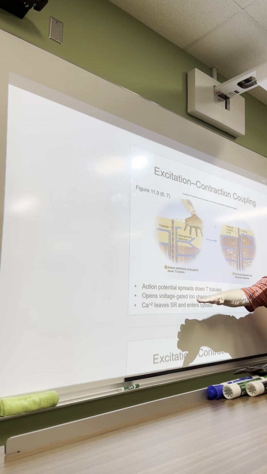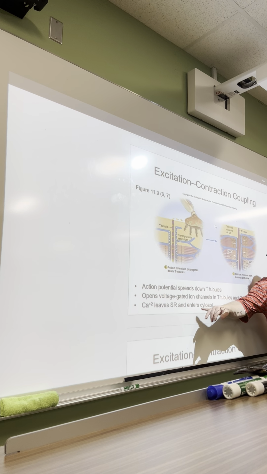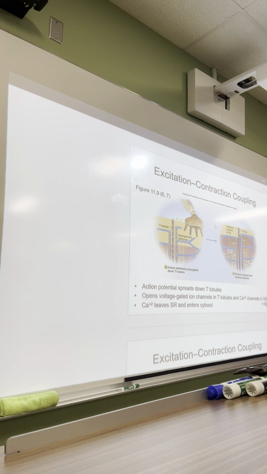That opens voltage-gated ion channels in the T-tubules, and we have calcium channels that are going to open. The calcium leaves the sarcoplasmic reticulum and enters the cytosol. So that's the cytoplasm of that muscle cell. Okay? So that is important.